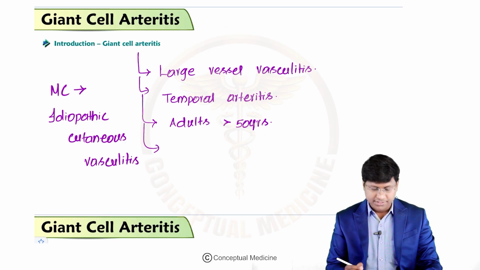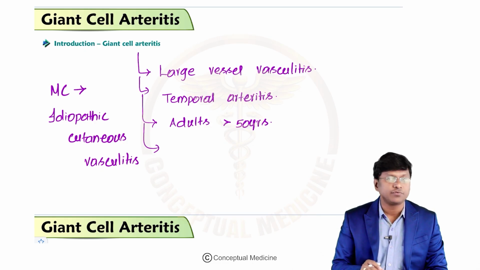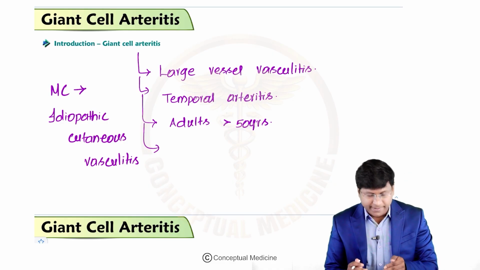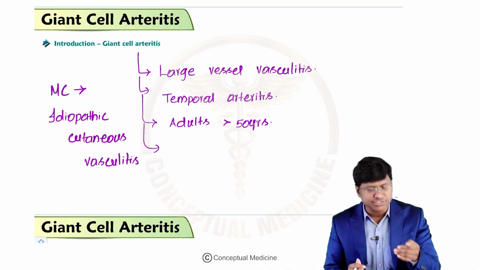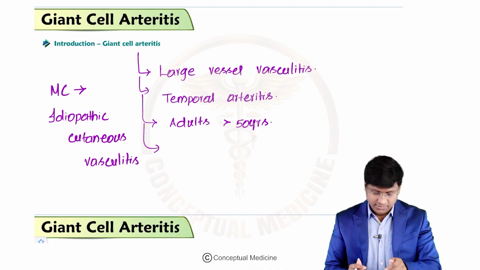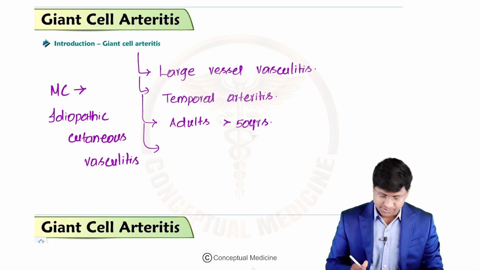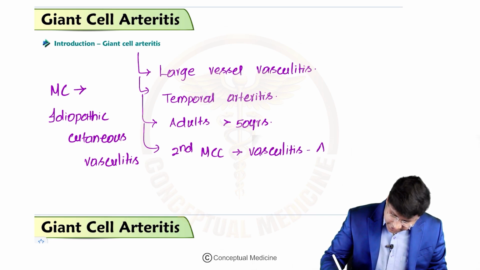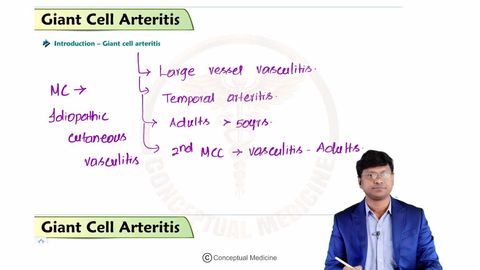After this, the next most common cause of vasculitis in adults is giant cell arteritis. So giant cell arteritis is the second most common cause of vasculitis in adults.